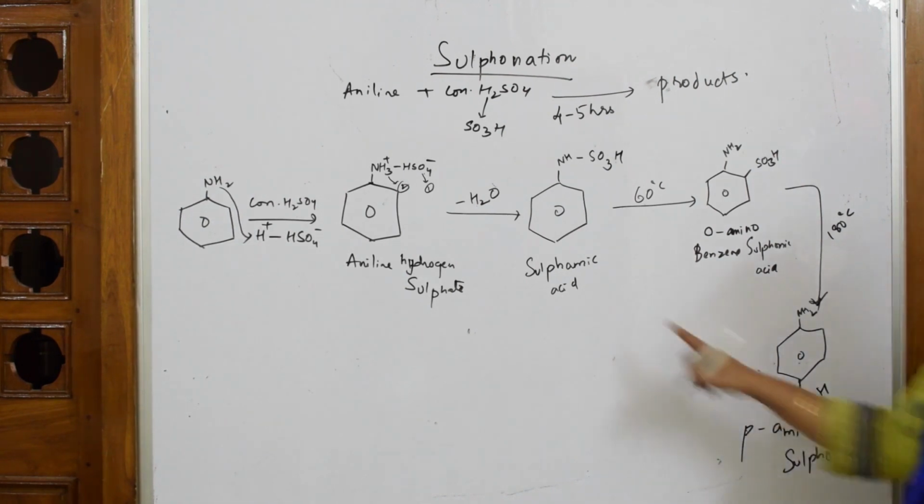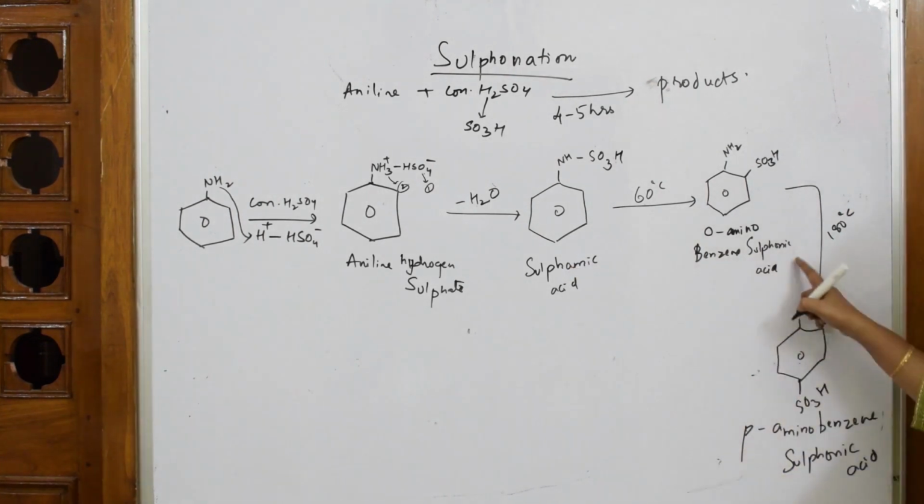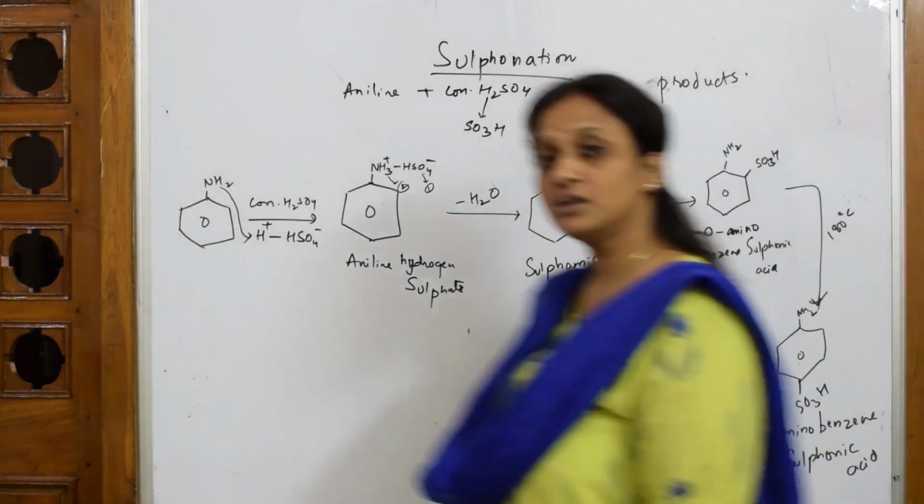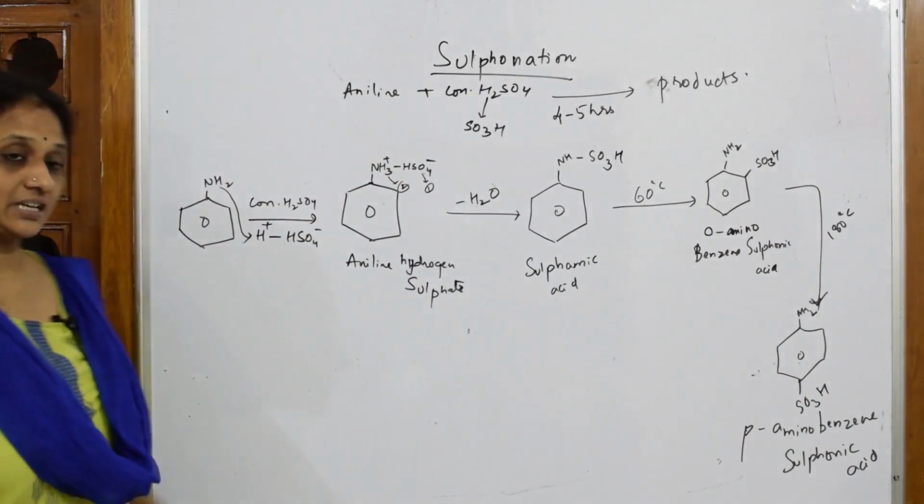This is sulfamic acid. This is sulfonic acid. So this is how sulfonation is done in the case of aniline.